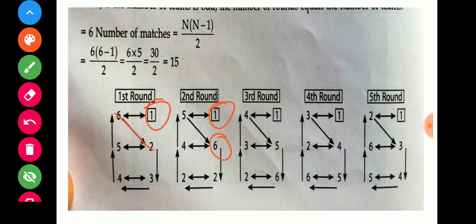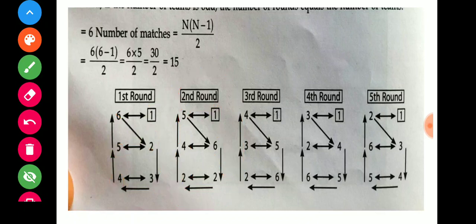If 6 comes here, then 6 takes the place of 2 and 2 comes down. Then 3 will come here, then 4, and then 5 will come here. In such a way one more cycle is made.